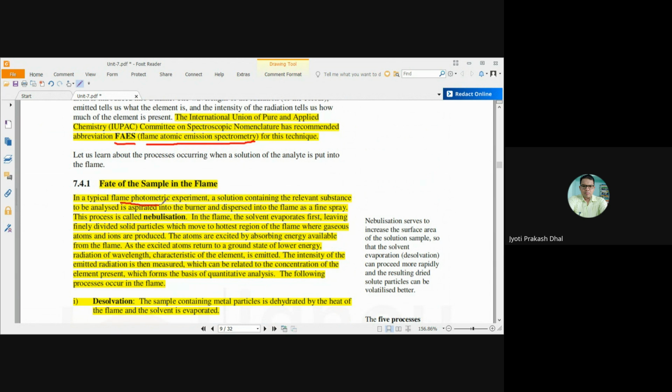In a typical flame photometric experiment, a solution containing the relevant substance is to be analyzed.